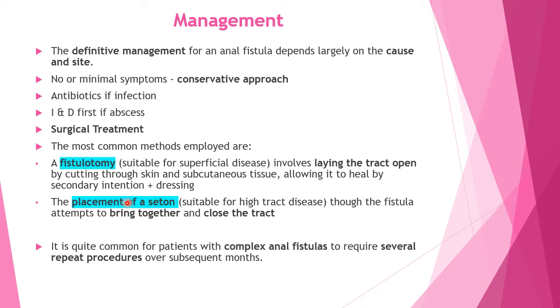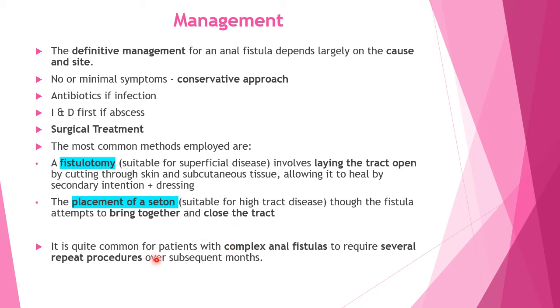In complicated cases, or patients with a high fistula where the tract is high, placement of a suture, known as a seton, is suitable. It is inserted through the fistula in an attempt to bring together and close the tract, passing out at the opening in the perianal skin adjacent to the external opening.